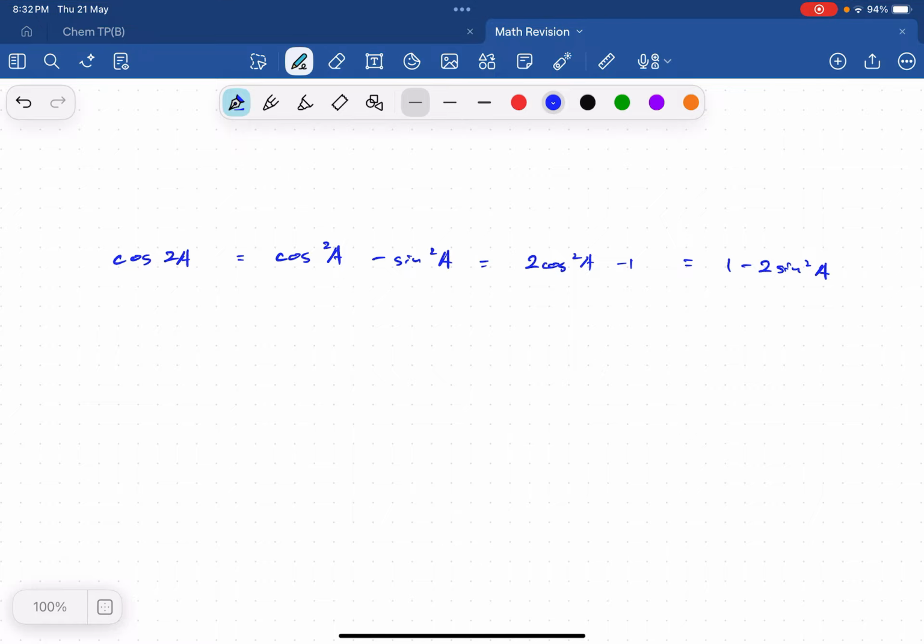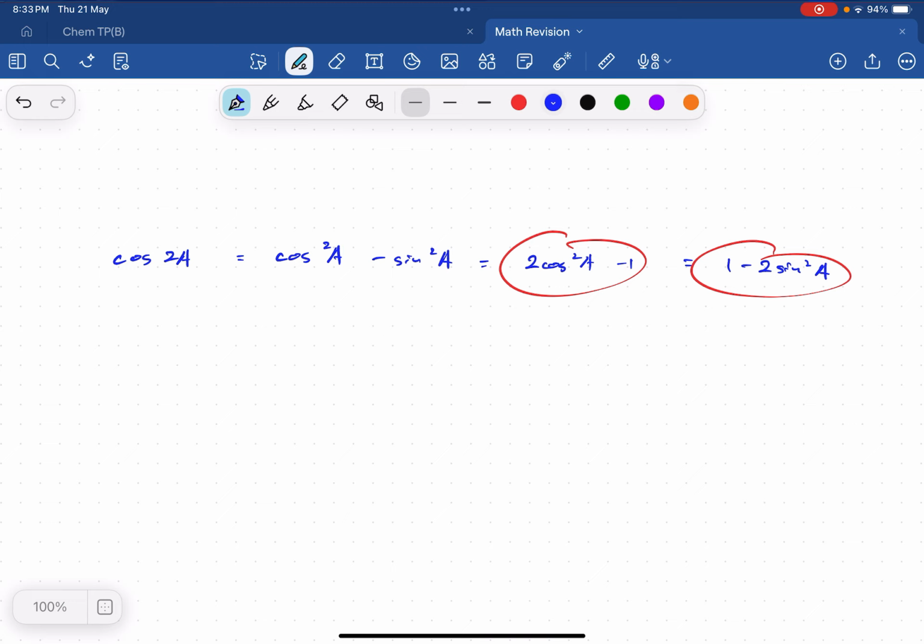But typically, for integration purposes in A-level, the two that are most useful for us are this one and this one. Why? Because cos squared of something in itself is unintegratable. Sine squared of something in itself is also unintegratable.